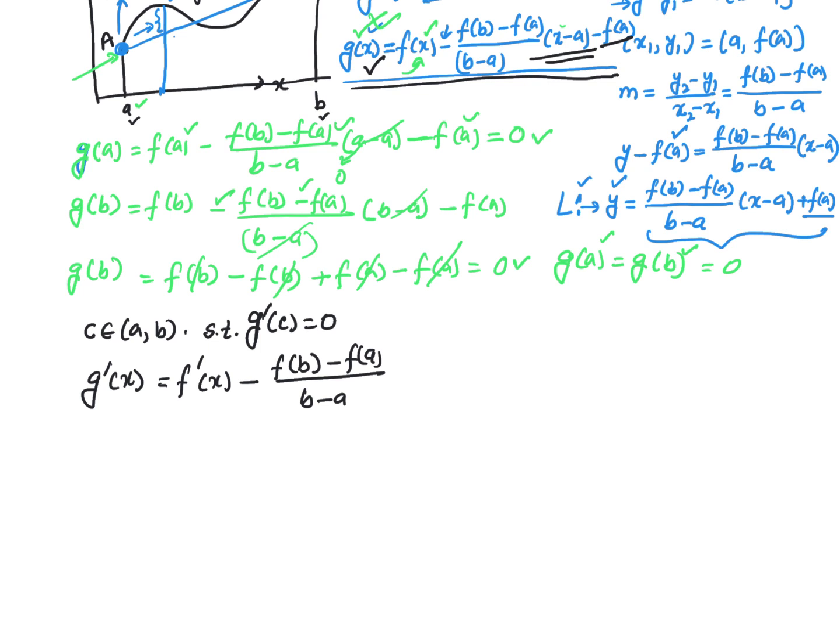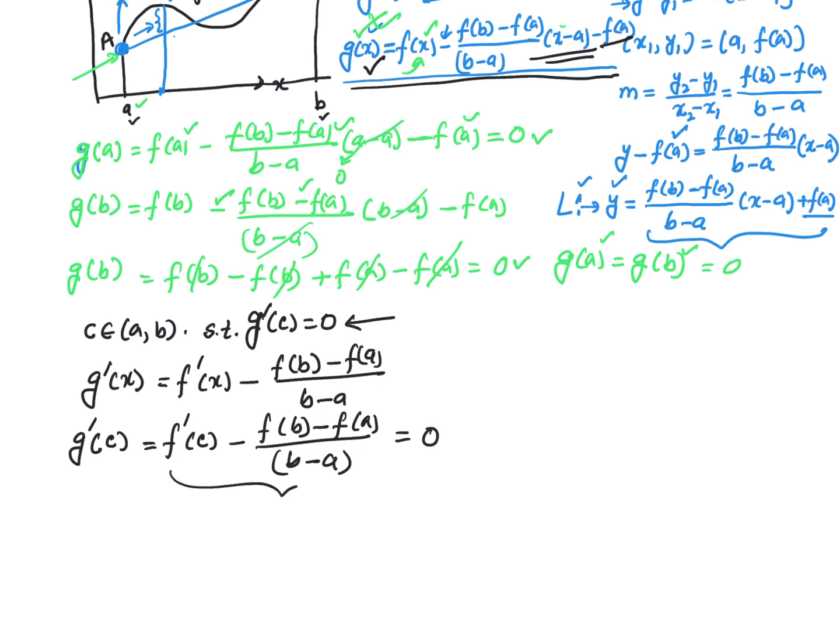So according to Rolle's theorem, I should have such a point such that g prime of c is equal to f prime of c minus f of b minus f of a divided by b minus a, and that is equal to 0. That's the conclusion of Rolle's theorem. Now if I rewrite this part, what do I get?